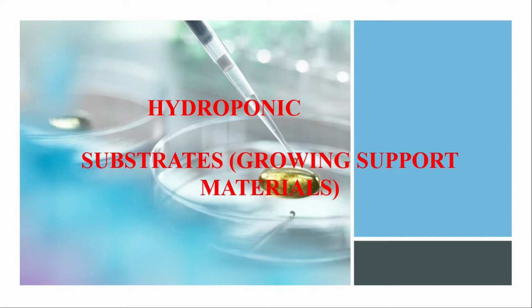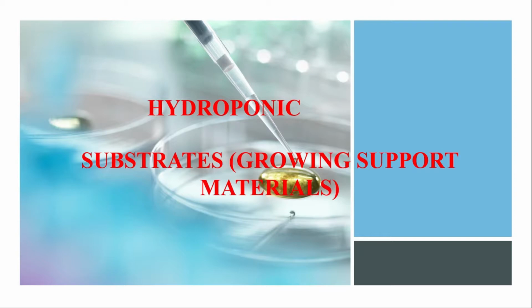Today we are talking about hydroponic substrate growing materials. Actually, when we are planning to do a hydroponic business, the most important things to maintain are the quality of the water that we use, and the substrate medium in which we grow the plants for standing positions.